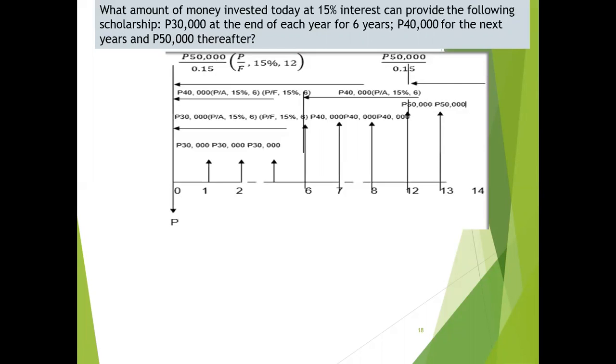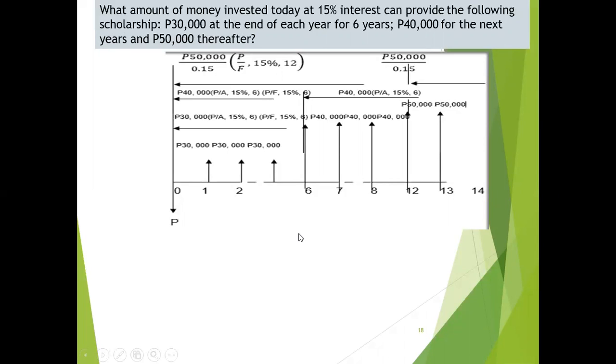In order to determine how much money you will invest today, we determine the present value of all these amounts. The present value of your 30,000 you receive for 6 years, the present value of the 40,000 every year for another 6 years, and the 50,000 you want to receive after 12 years thereafter.